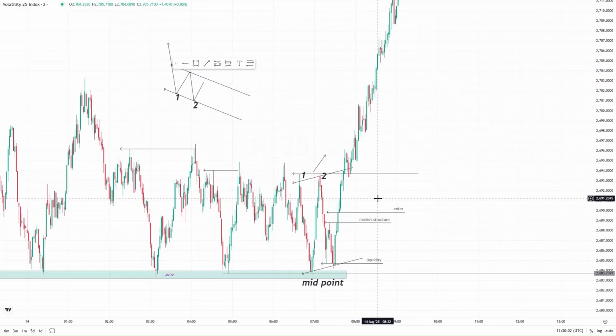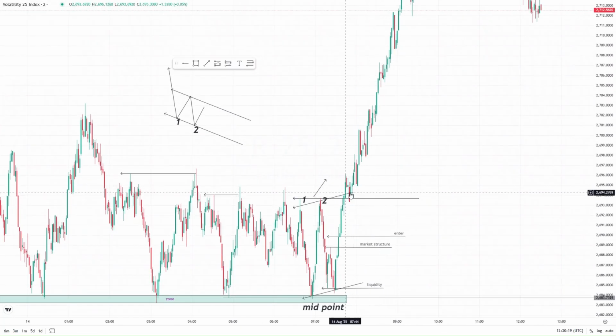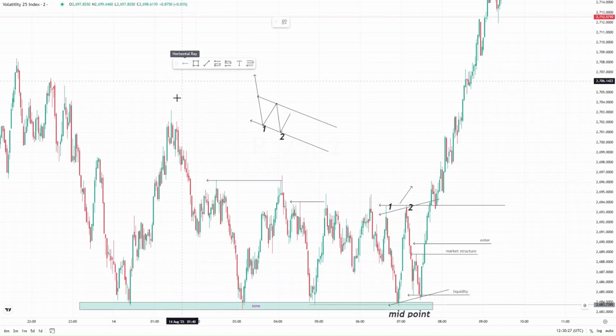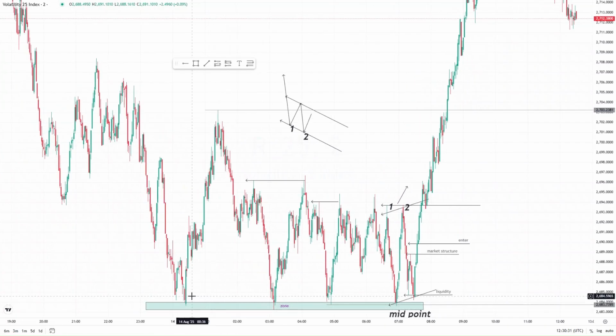That's why I'm saying that's where you should put your protective stop loss, because sometimes price does come back and try to, so the protective stop loss is just to prevent you from getting a loss. So this is where you would enter, and then after you get that, you can just place a protective stop, and then your major target would be this right here, because this is the founder of this zone.